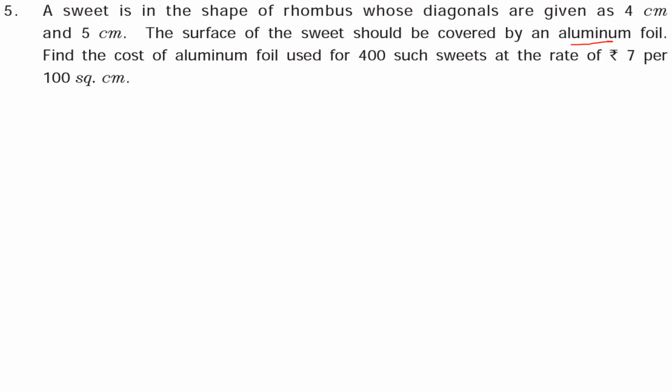First, we will find out the area of one rhombus shaped sweet. So, area equal to half into d1 into d2 square units. So, half into, here d1 is 4 and d2 is 5. So 1 2 is 2, 2 2s are 4. So 2 5s are 10 centimeter square for one sweet.